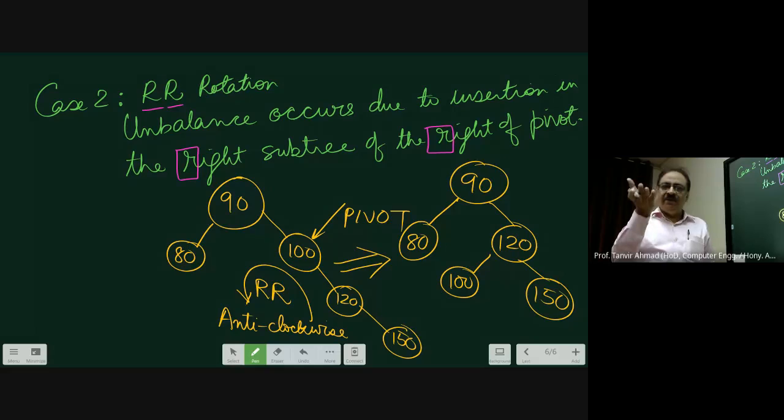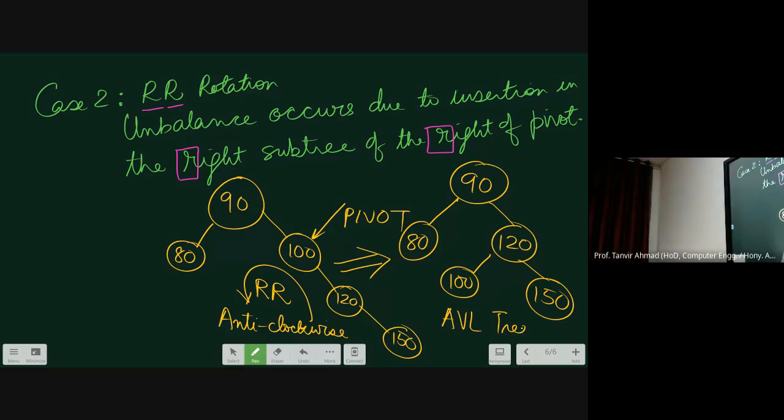Because 120 moved up, 150 also moved up, and 100 comes down, taking 100 as pivot. That means you have to rotate at this point, and you find that this is an AVL tree. Is it clear that this is an AVL tree, because all the nodes have a balance factor equal to 1, minus 1, or 0?